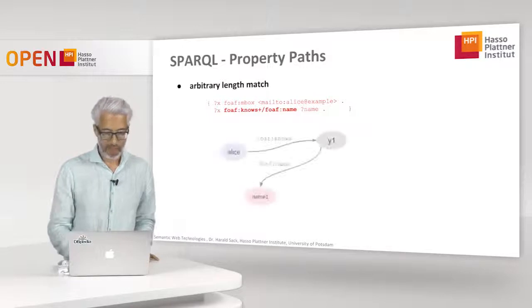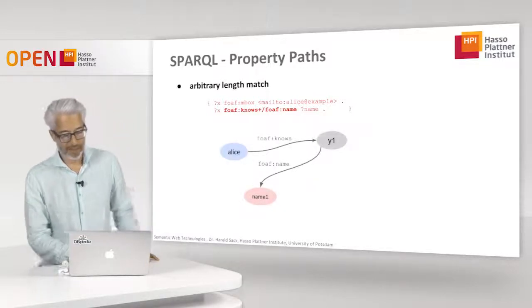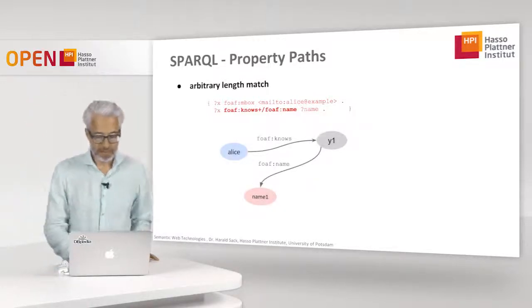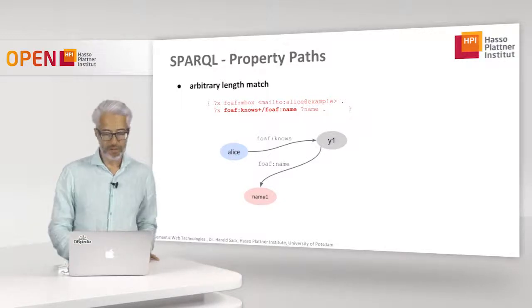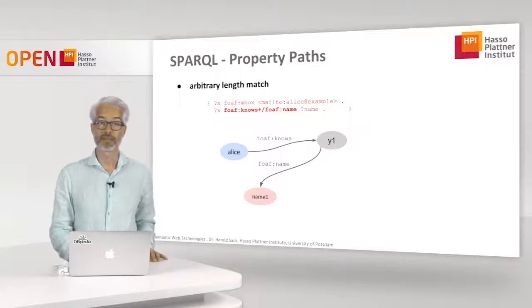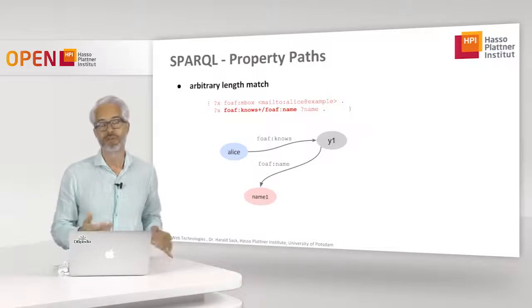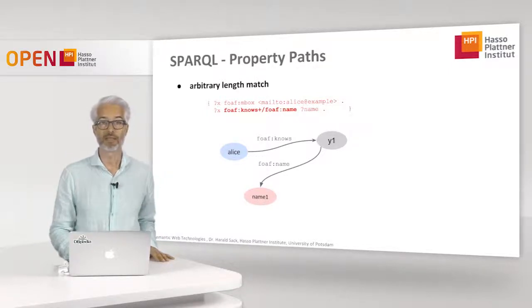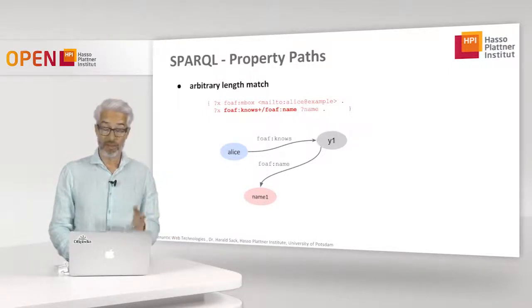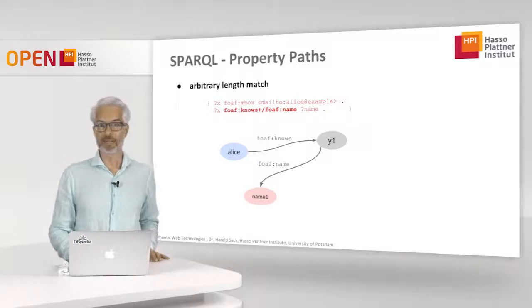So let's look at our example here. Again, we are looking for somebody that is known by Alice here, the owner of our mailbox. So Alice is our X in that example. And of course, we are looking at the name of this one who is known by Alice. But the path, as we see here, must at least be of length 1.